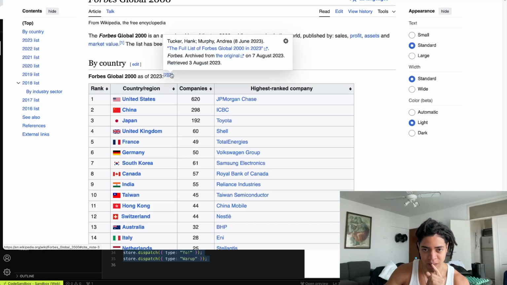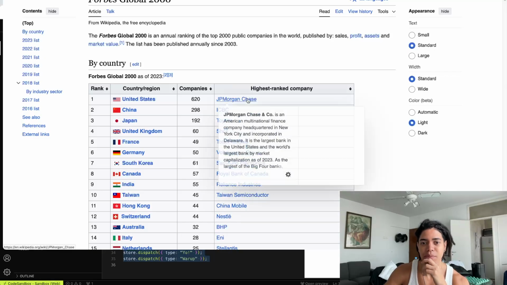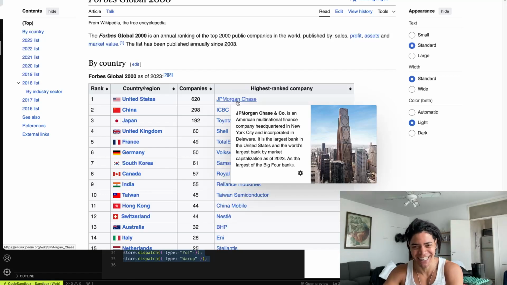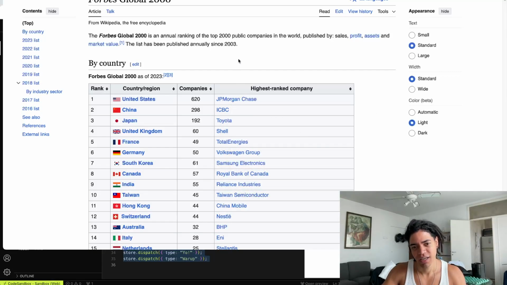So JP Morgan, highest ranking company. And again, it's because of organization, it's because of finance, research, administration. If you're very good at that, of course, people will come to you and ask for stuff.